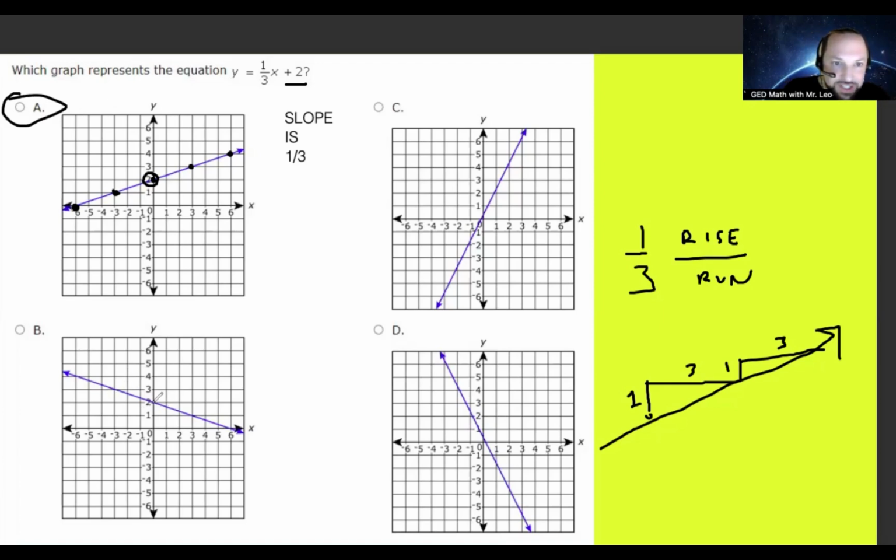Well, it crosses at 2, so it's going to still have that +2. But now tell me, what's the slope? It looks like it's going down 1 over 3, down 1 over 3, down 1 over 3. This is a slope of negative 1/3.